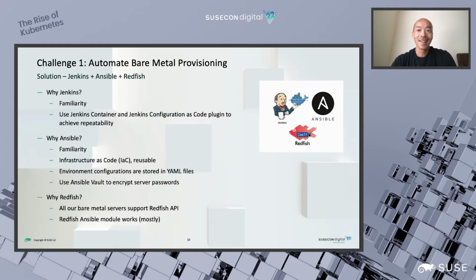So what's our solution? We ended up using Jenkins, Ansible, and Redfish. So why use Jenkins? Well, our team was quite familiar with Jenkins to begin with, since we have been using it for years. We don't need much of a learning curve in this area, which was very important for a fast-moving project like Harvester. To satisfy the repeatability and recreatability aspects, we ended up running Jenkins in a customized container and utilized the Jenkins Configuration as Code plugin to configure Jenkins.